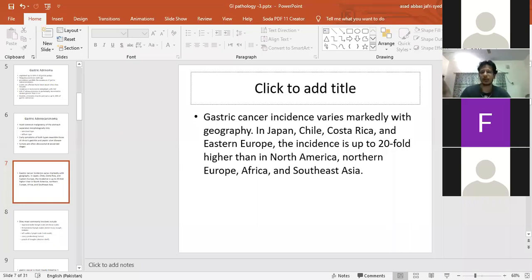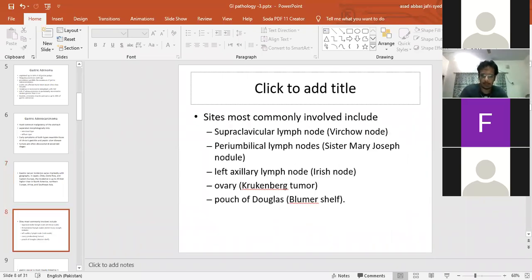Now the sites most commonly involved, because as I told you, gastric carcinoma is one of those tumors which frequently presents as distant metastasis, and they have very unique presentations. They're so fairly common that we have given those presentations or those clinical settings special names.